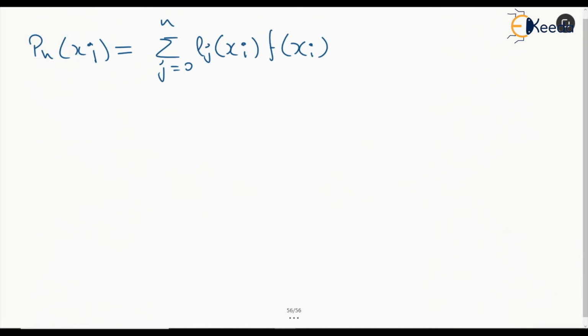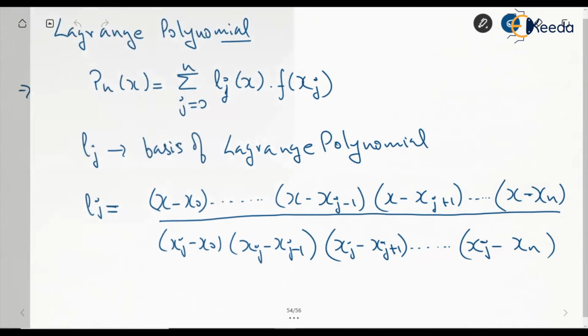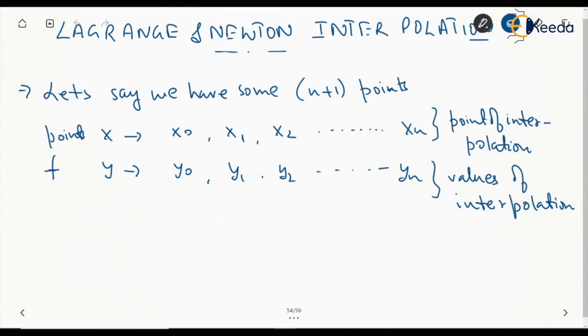So basically we are going to get a polynomial function which will satisfy all the data points, or I'll say all the values of interpolation for the points of interpolation. That means there has to be a polynomial function f(x) so that every time we put the value of x, we get the value of y, right?